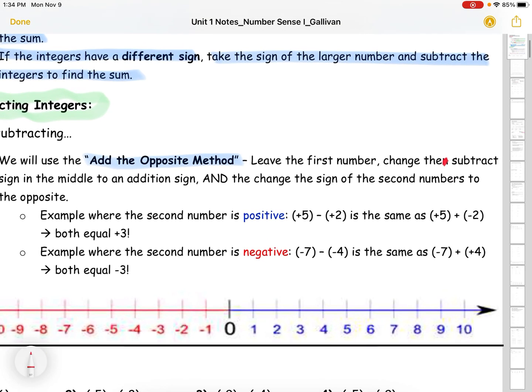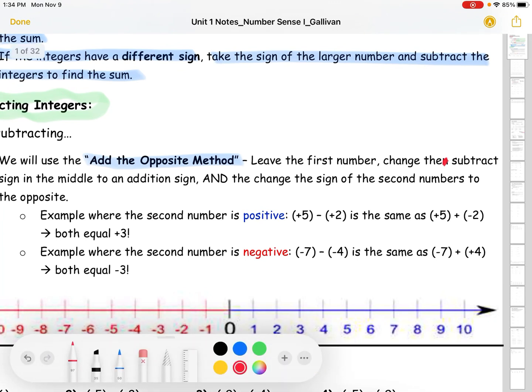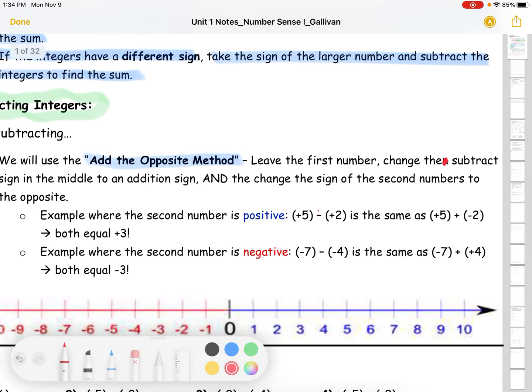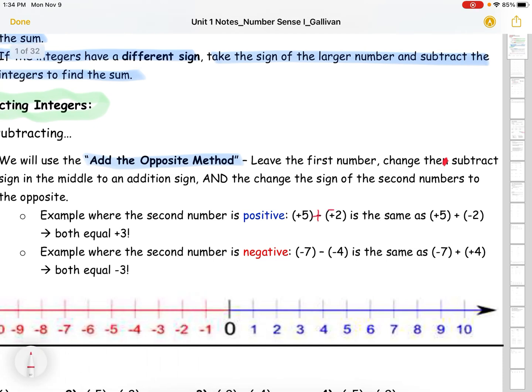For example, where the second number is positive, we change this to a plus and this to a minus. We like to say add the opposite, because it's always easier to think in terms of adding than subtracting. When the second number is negative, you change it to a positive.